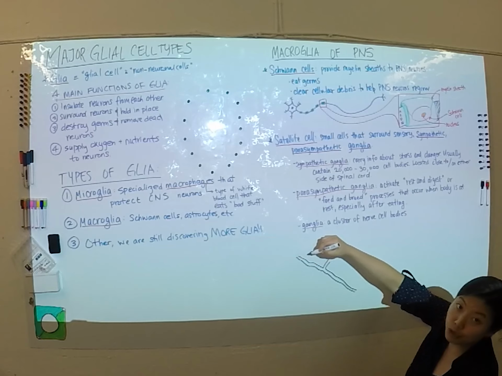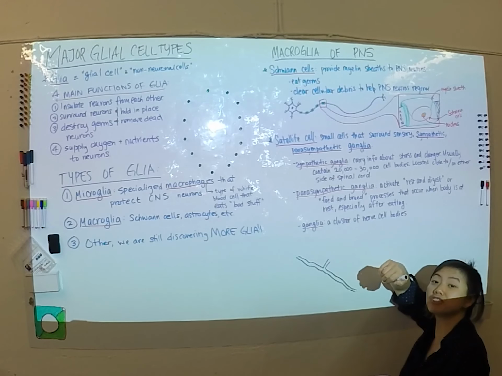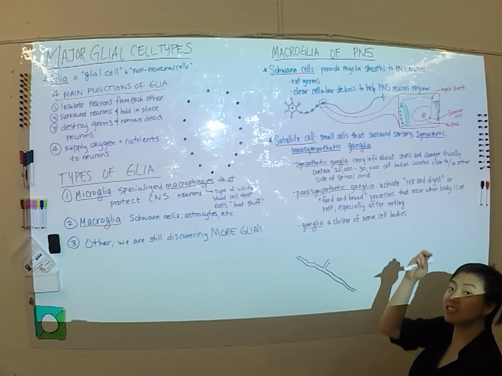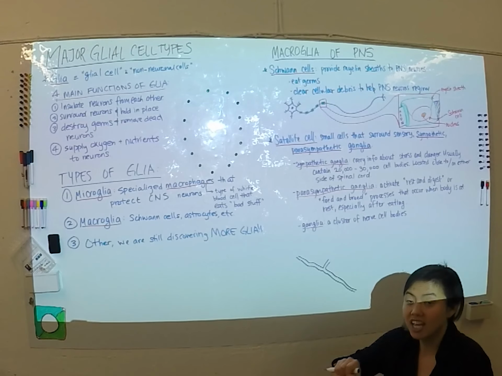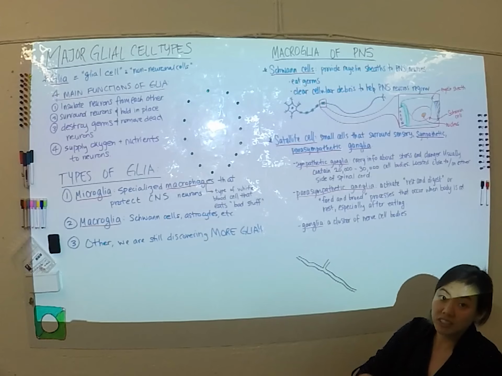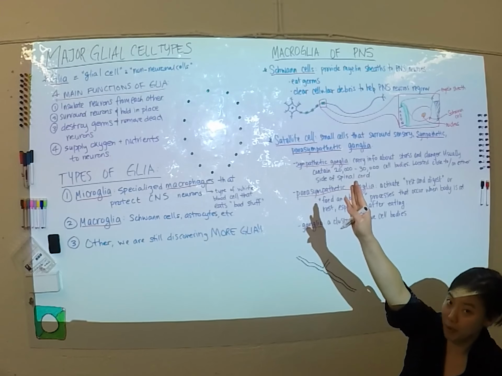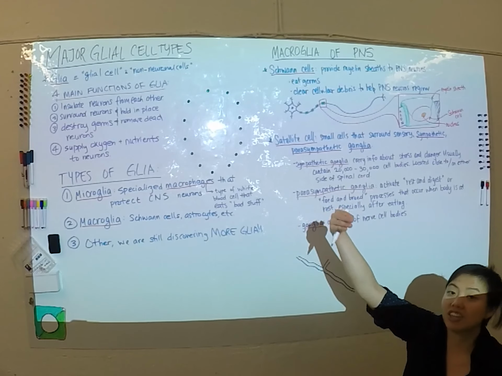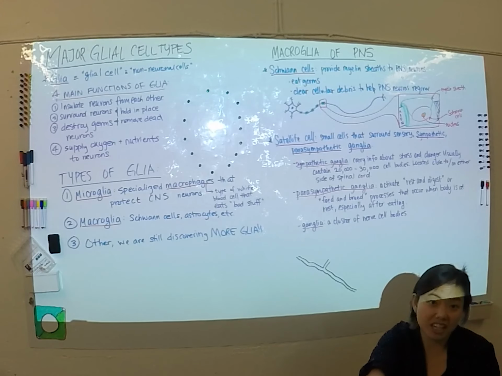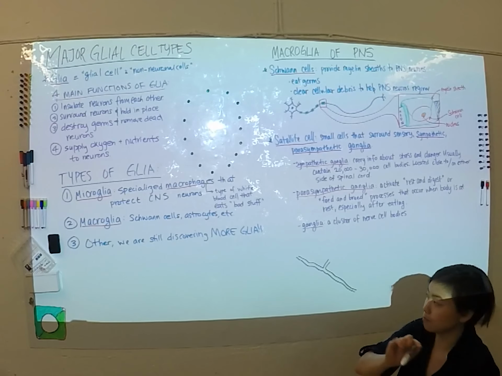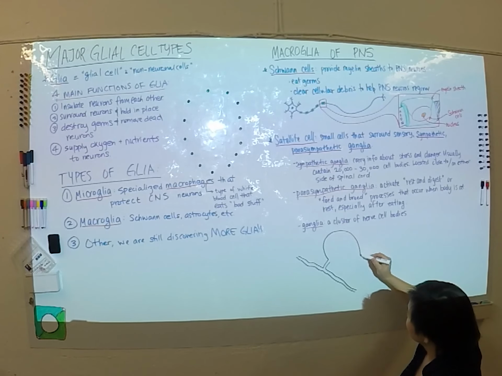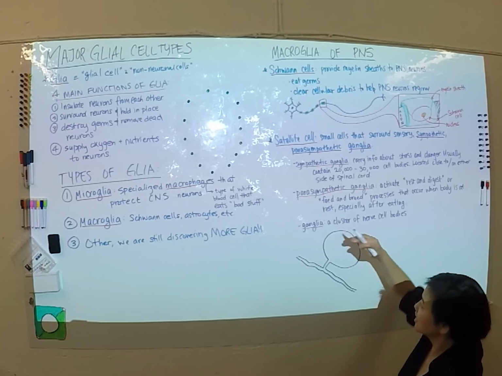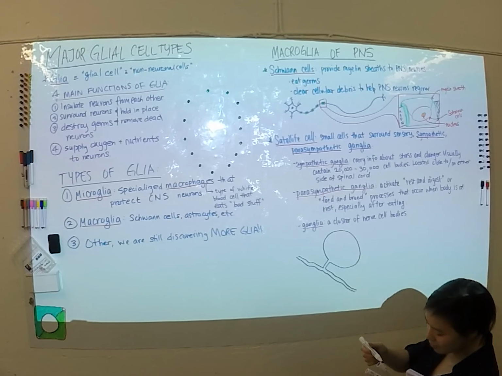So these are the two branches. Remember pseudo-unipolar cells? They have a single neuronal process coming out of the soma, and then it splits. One side goes to the brain and the spinal cord, and the other side goes to the skin, the joints, the muscles. Okay? And so then we have this big old cluster, and this is our ganglia, okay?